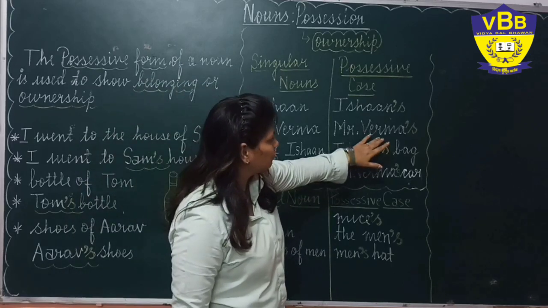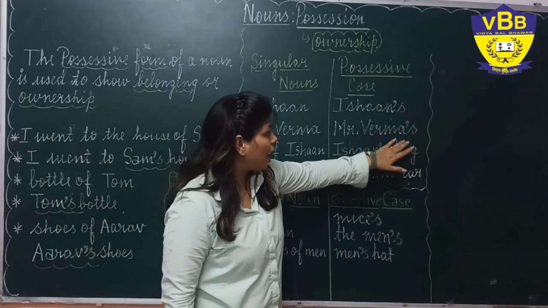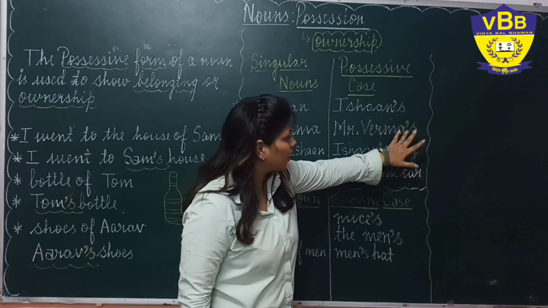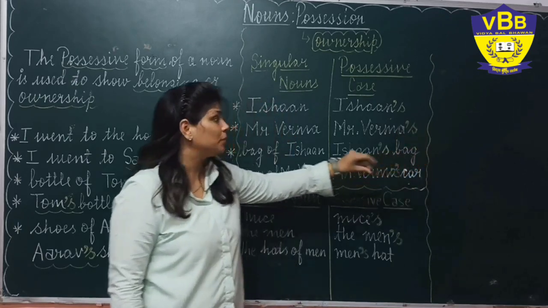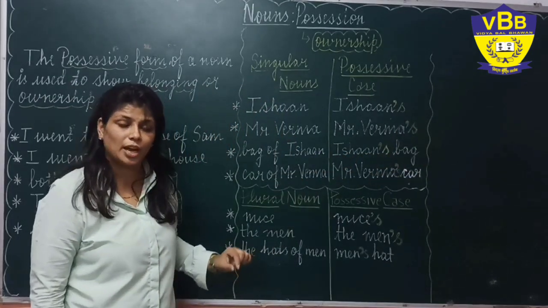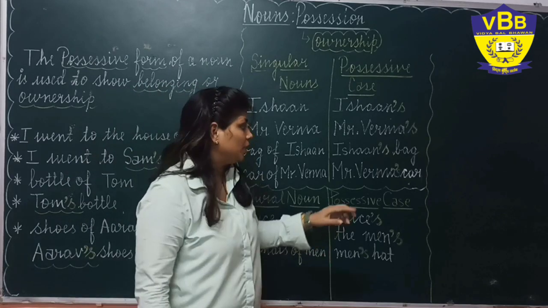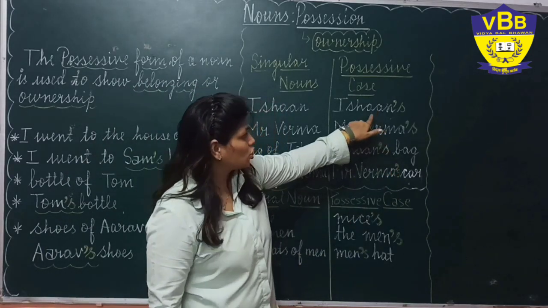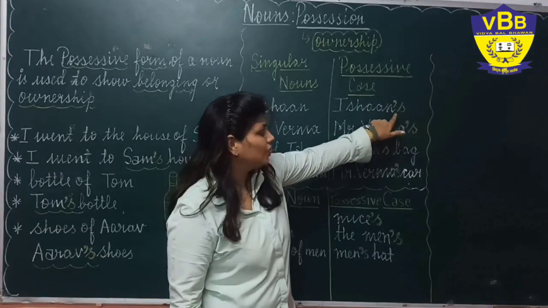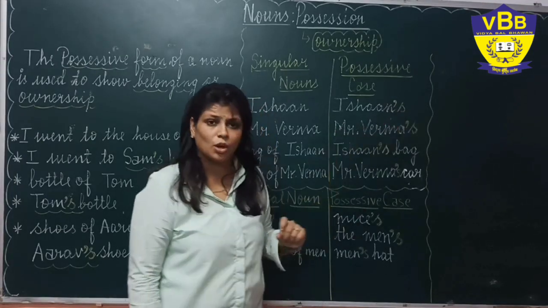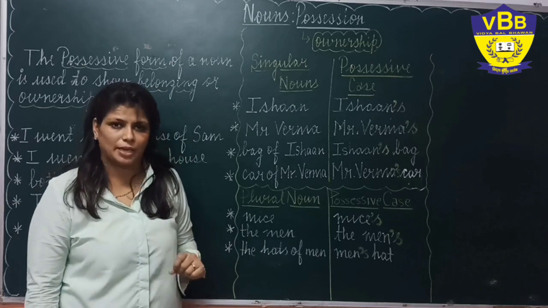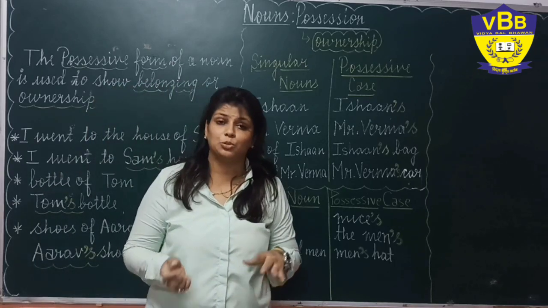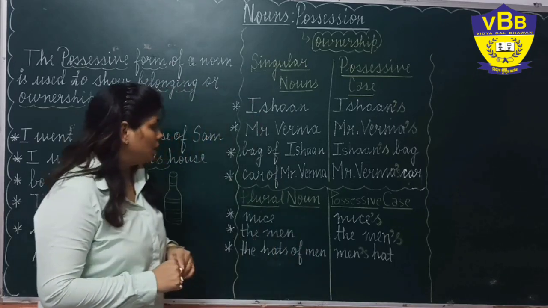Okay, here as you can see Mr. Verma's, I have not joined A and S. They are separate. Okay, you need not join them. Otherwise it will be wrong. Here also, there has to be some gap. Ishan's, apostrophe, then some little space, then S. Okay, so this thing you have to keep in mind while changing the noun into the possessive case.